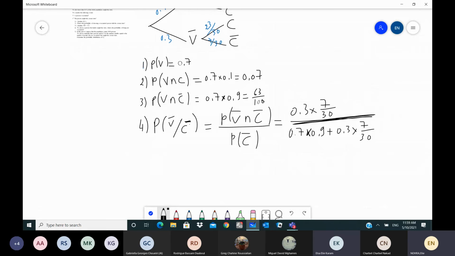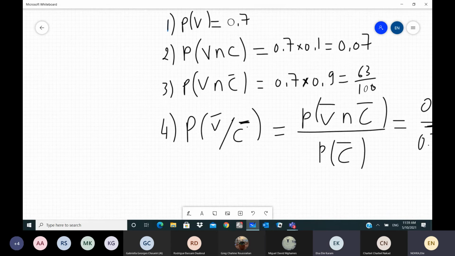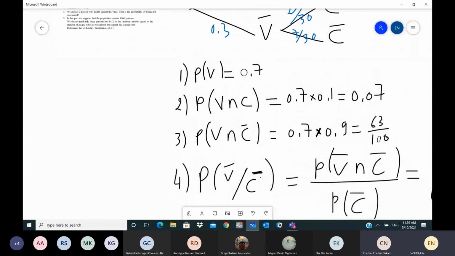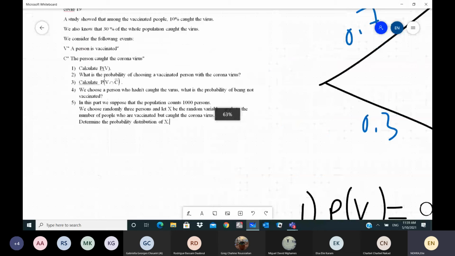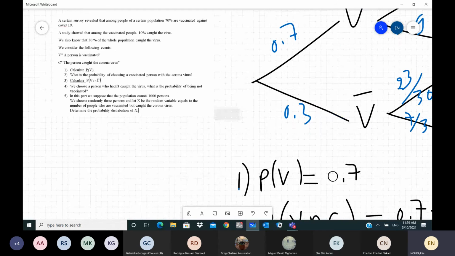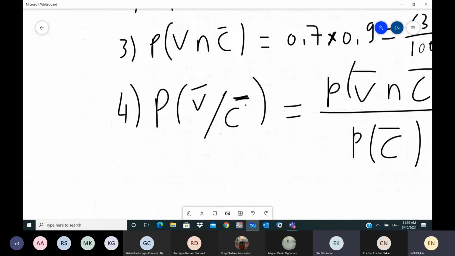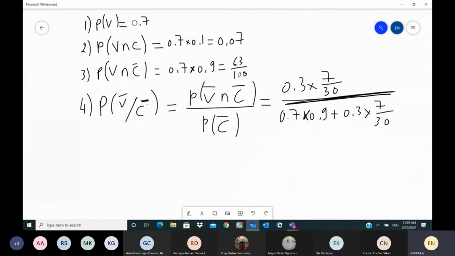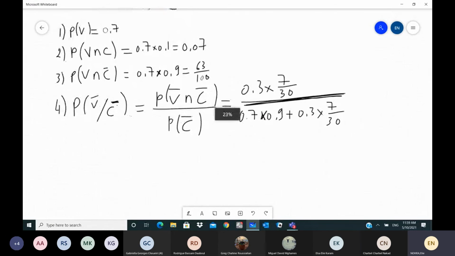If you are clever enough, of course it is not wrong not to notice it, because you'll always get the same result. Look at the given: we also know that 30% caught the virus. So we could put 0.7 directly in the denominator. Can you please find the result?